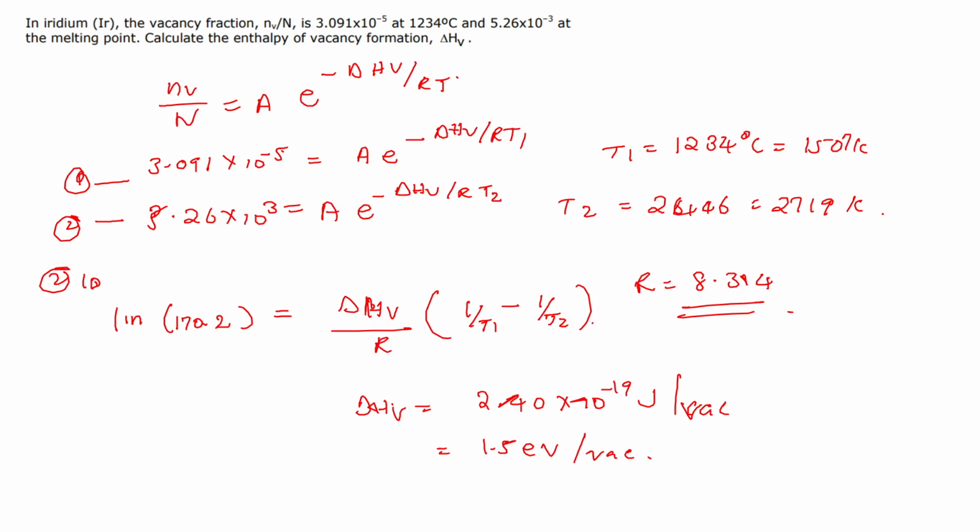So while solving this, you will get the delta HV value. You will get the answer 1.44 times 10 to the power 5 joule per mole per vacancy.